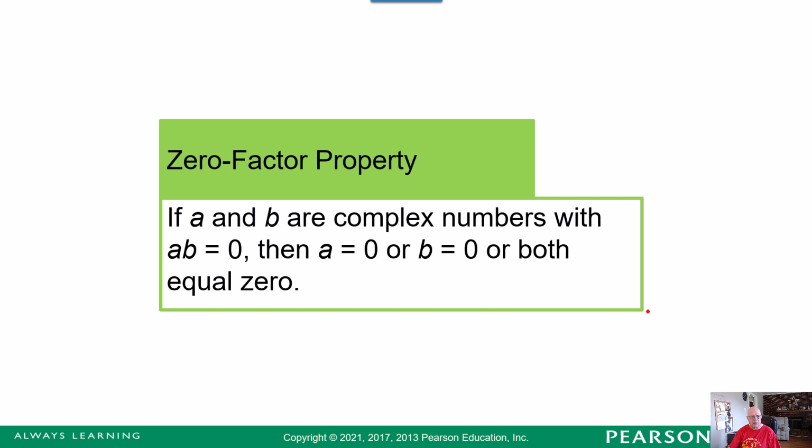So, using the zero factor property. Here we go. Now notice this isn't in standard form, so we'll fix that. 6x squared plus 7x minus 3 equals 0. There we got it in standard form. Now, it says zero factor property, so we'll have to factor this.